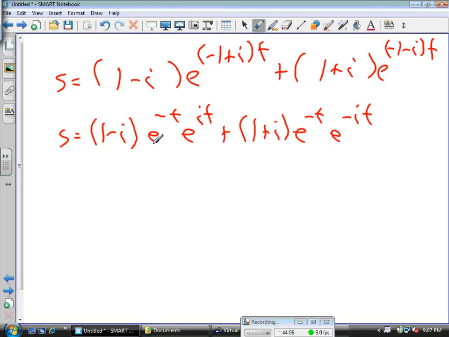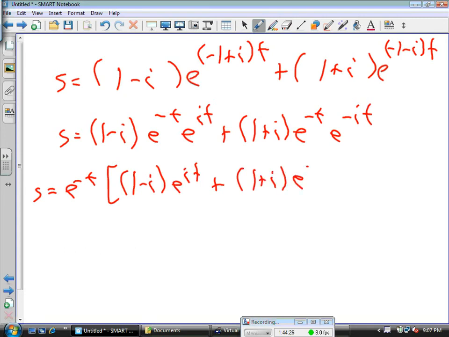Okay? What do you notice? E to the negative t is a common factor. Let's make life easy. Take it out. But remember, e to the it, that's cis theta.